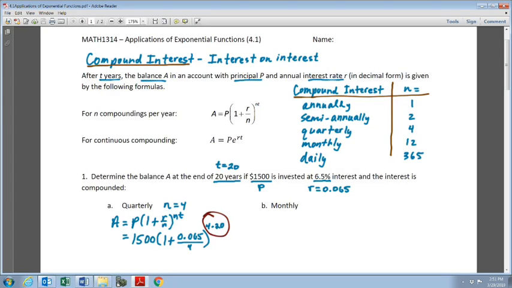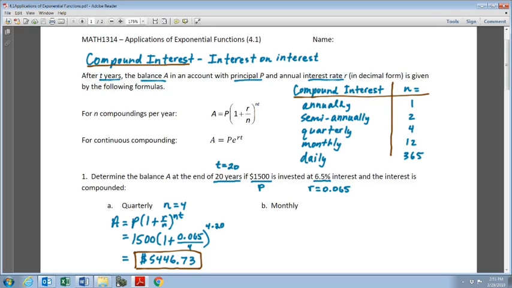You want to make sure that it's taking everything in the parentheses there to the 80th power. You don't want it to take it to the 4th power and get some answer and then multiply by 20. So watch that when you put it into your calculator, you want to make sure you're getting $5,446.73. And notice I've rounded to the nearest dollar here.